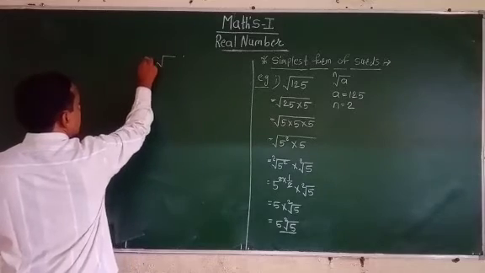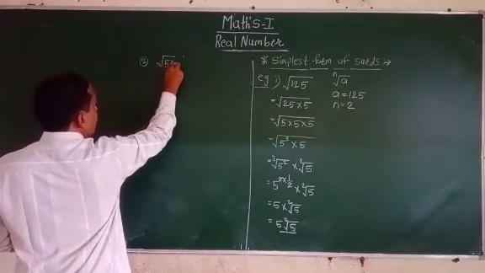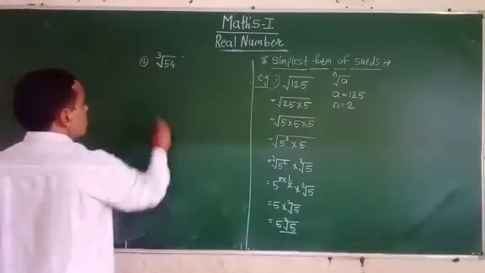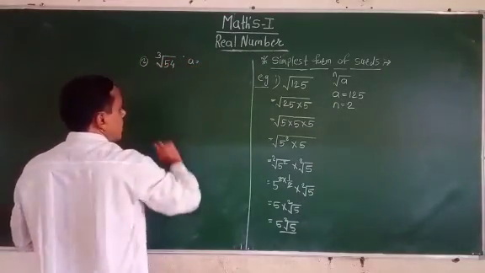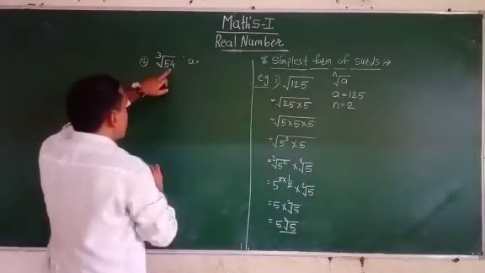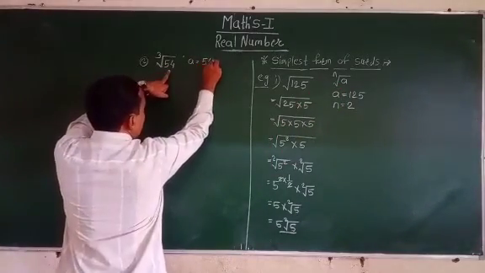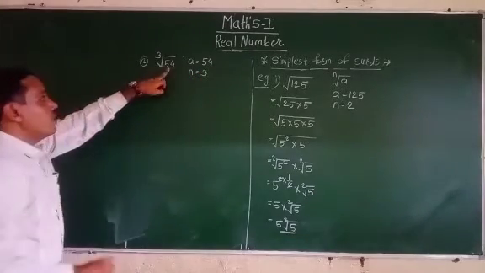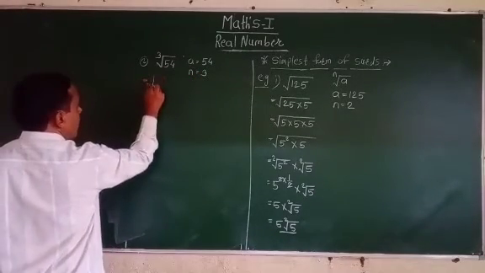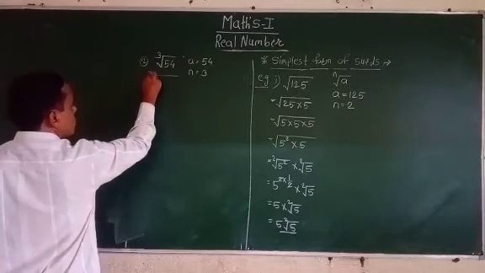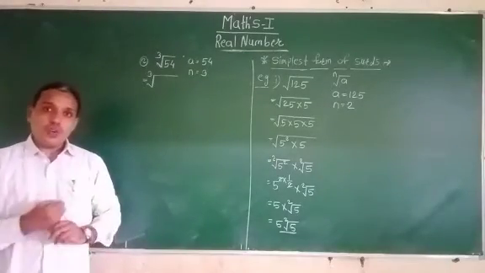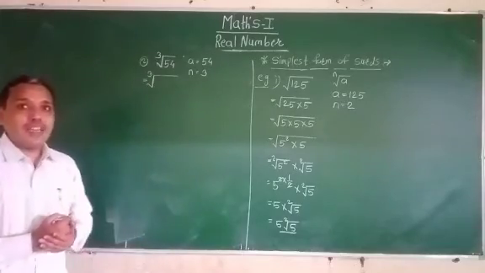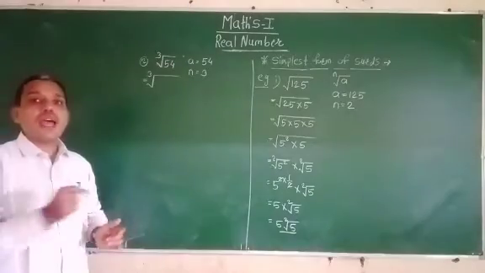We take a different example with a changed order. The second example is 54, where the order is 3. When we convert it to the general form, the value of a is 54 and the order is 3. So we try to factorize 54. According to the definition of factors, we factorize by dividing by the smallest prime number.